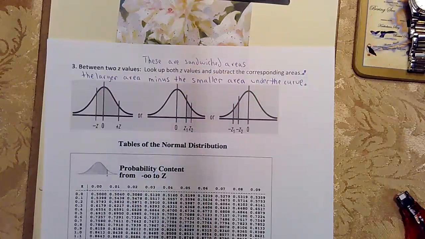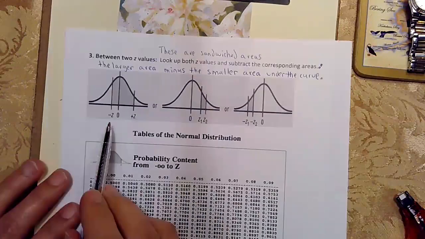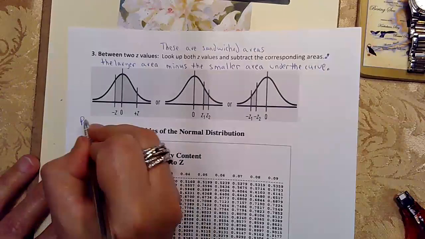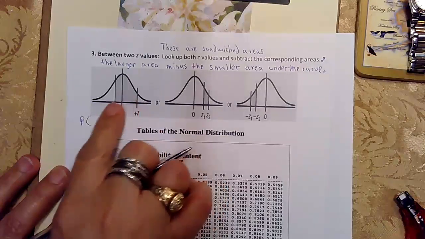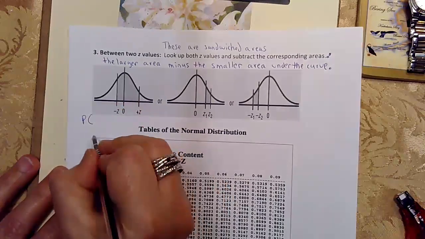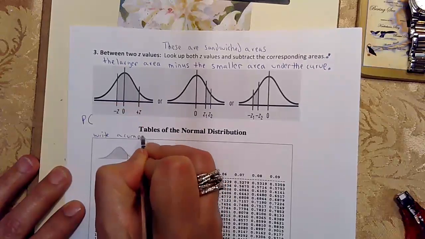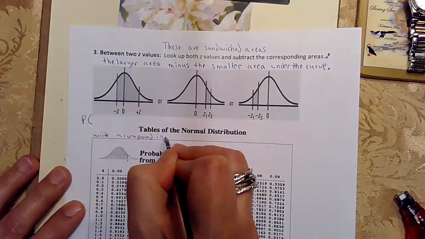So like here, the way we would set up this generic setup, you have probability and you write an inequality, a compound inequality.